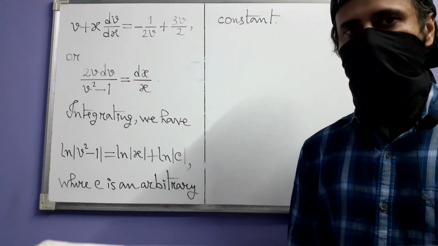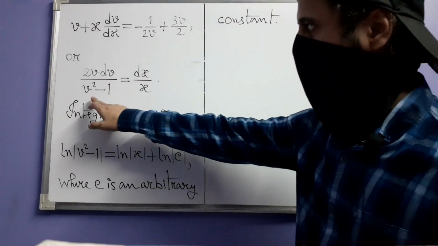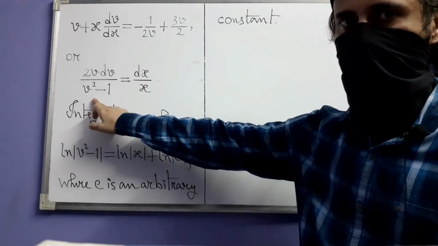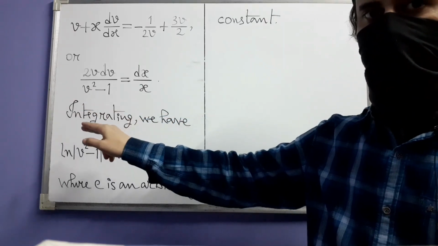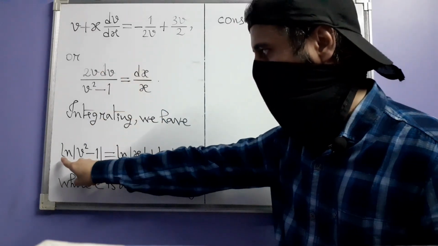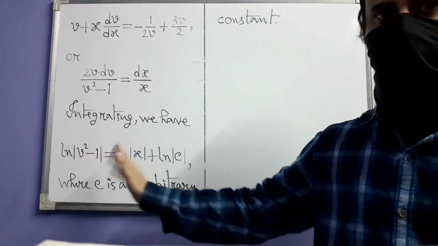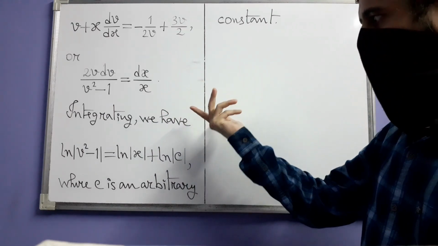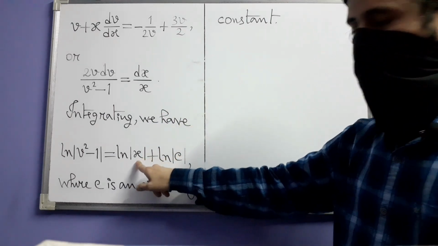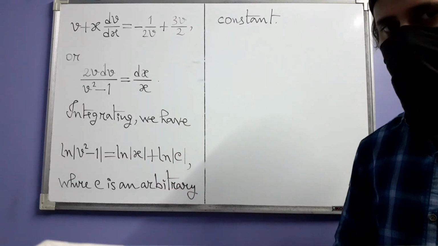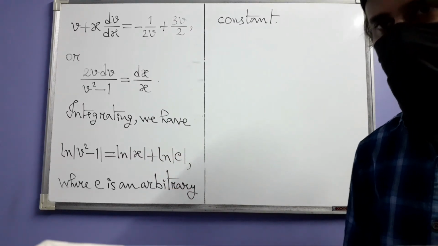Now integration is very easy. The differential of the denominator on the left hand side, that is d of (v² − 1), is 2v dv. So the integral of the left hand side is the natural logarithm of |v² − 1|. Similarly, the right hand side is even more direct. It's just ln|x| plus ln|c|, where c is an arbitrary constant.